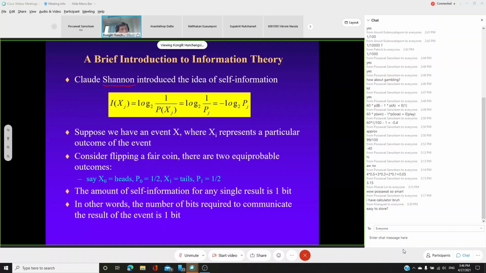For example, if I'm tossing a die, it has 6 symbols, and let's say it's a fair die. So each symbol has a probability of 1/6. We want to know, if we toss that die and we see the result, how much information do we get from knowing the result?